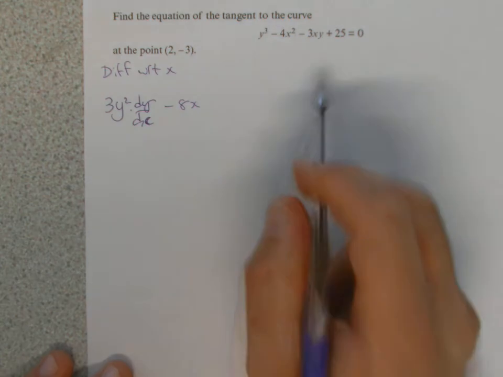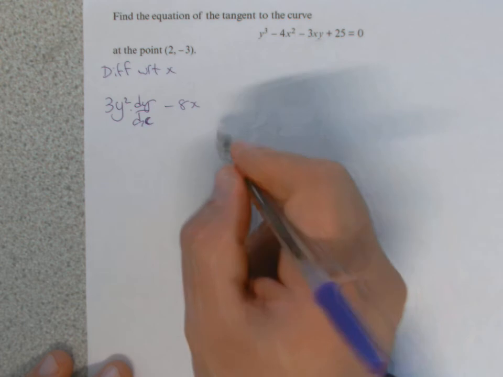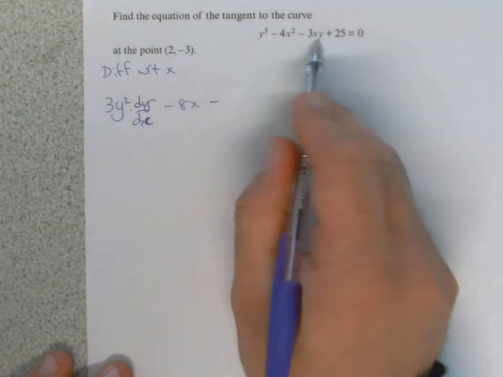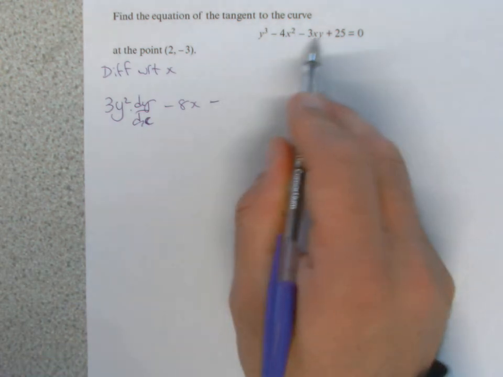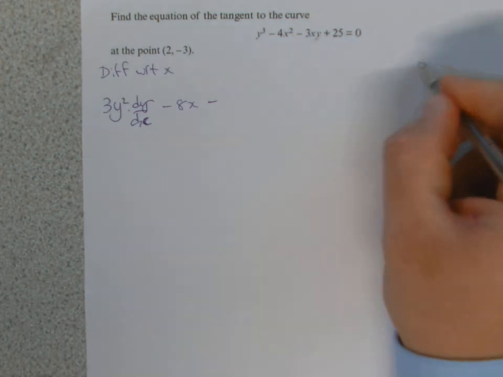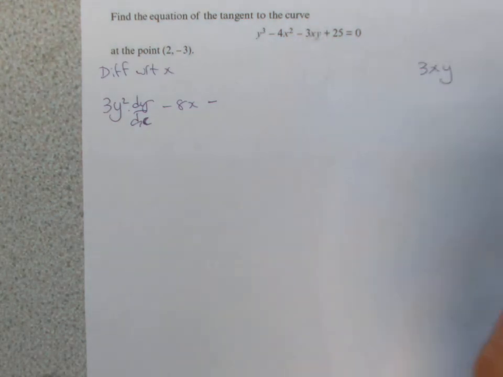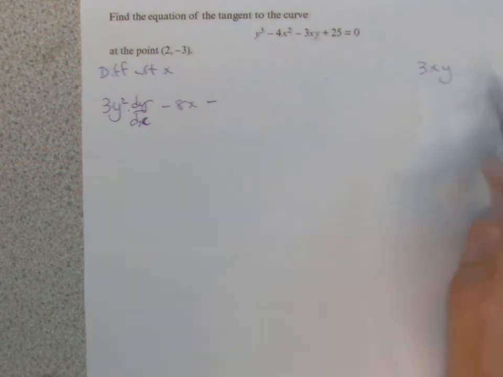Bring the 2 down. This here now, notice it's a product, okay? So we've got to take away, and we've got to differentiate this, but as it's a product, we need to use the product rule. So what I'll do is this on the side over here. I'll write down 3xy, okay? Don't worry about the minus, ignore that, we'll sort that out later, just focus on 3xy.